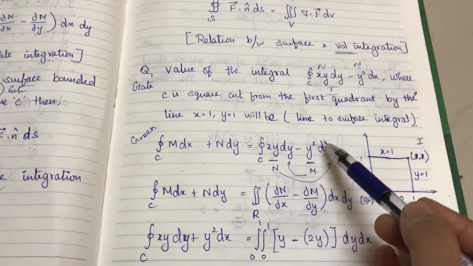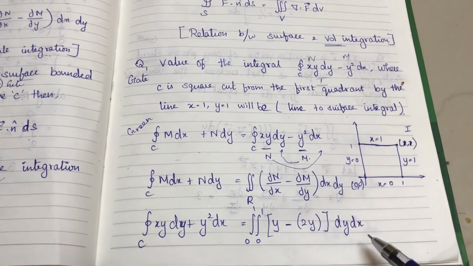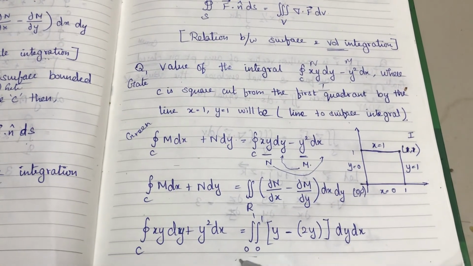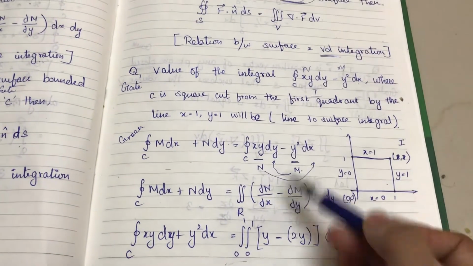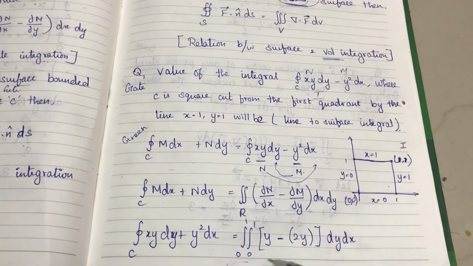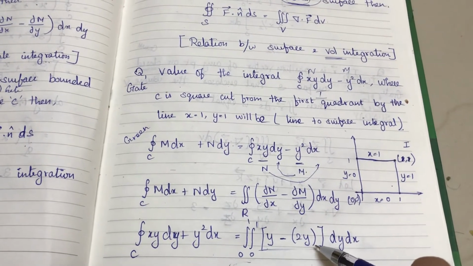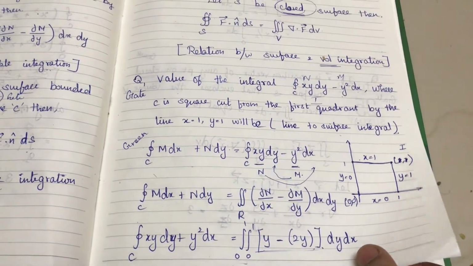You can see here this is the term. After that we need to put the integration values. After differentiation I have written the value here, and you have to integrate these values with respect to y and x.